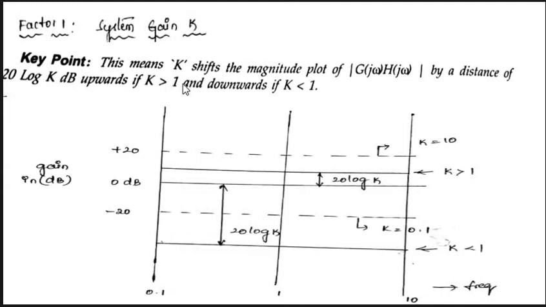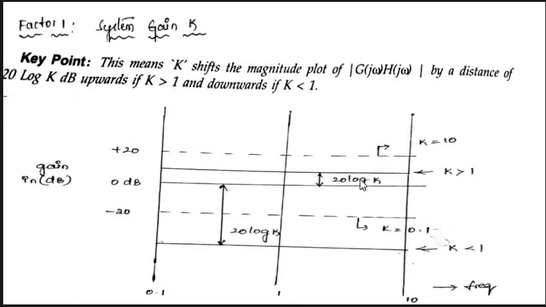Now, if k is greater than 1, that means k is positive, draw the magnitude line above the 0 dB line at a distance of 20 log k.